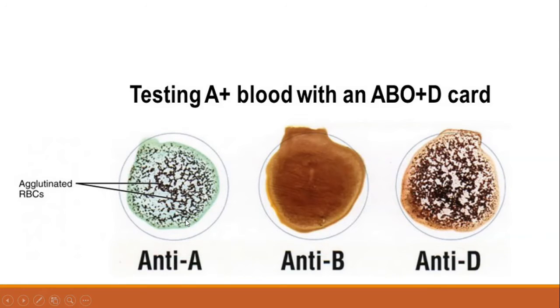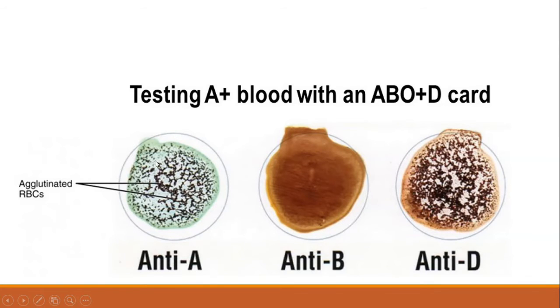Just like this, if the blood is A positive, we have a sample of A positive blood and we test it with anti-A, anti-B, and anti-D. With anti-A, clumps are formed within the sample.